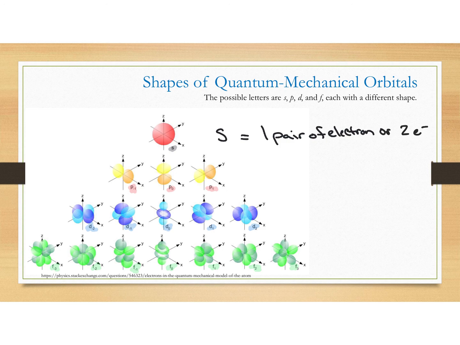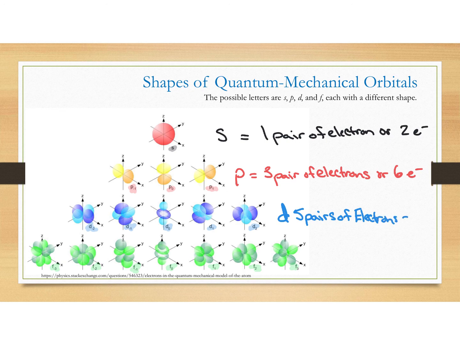In the P, the P has 3 pairs of electrons, or 6 electrons total. The D has 5 pairs of electrons, meaning it has 10 electrons.